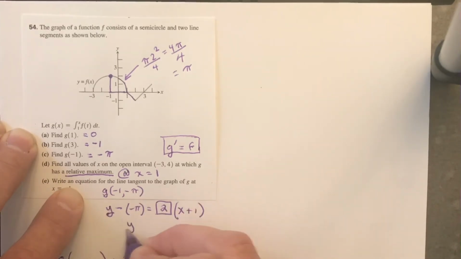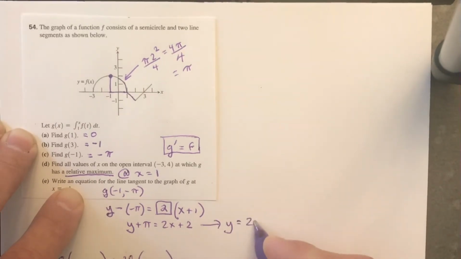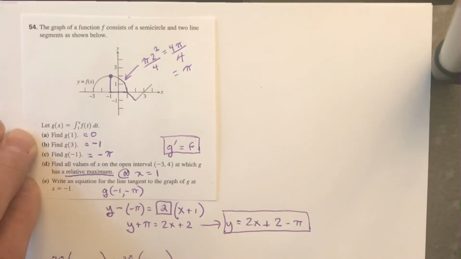So we end up with y plus pi equals 2x plus 2. And if we get y by itself, we could write this as y equals 2x plus 2 minus pi. And this would be the equation of the tangent line.